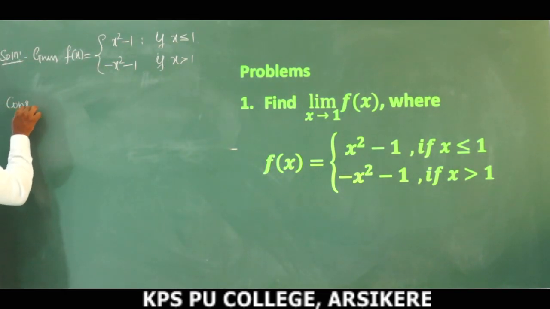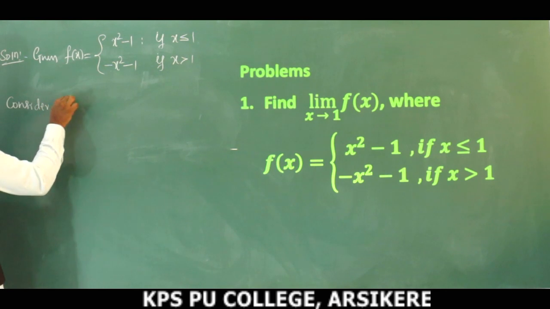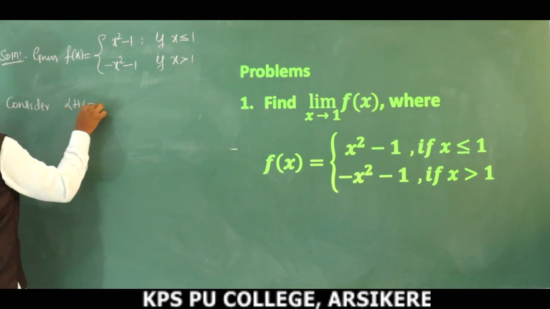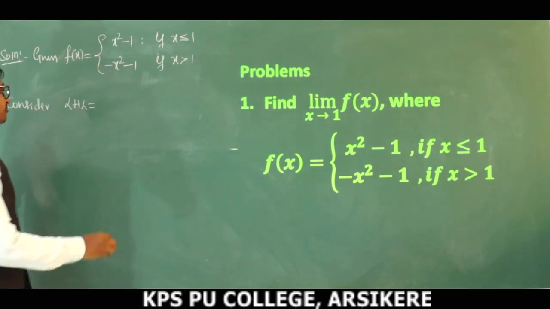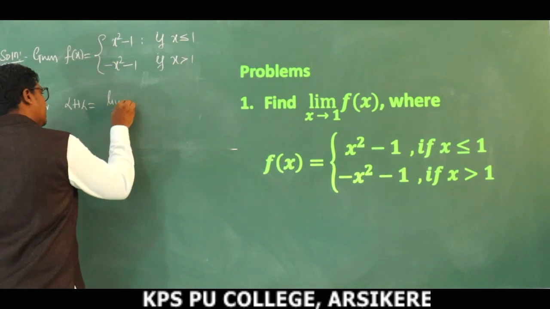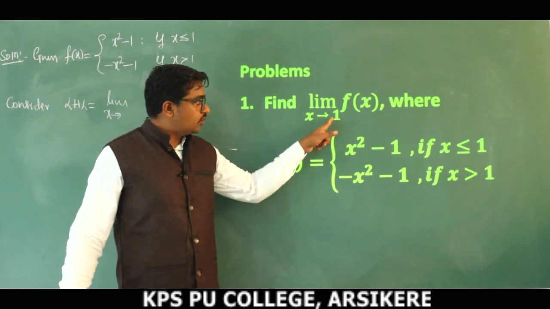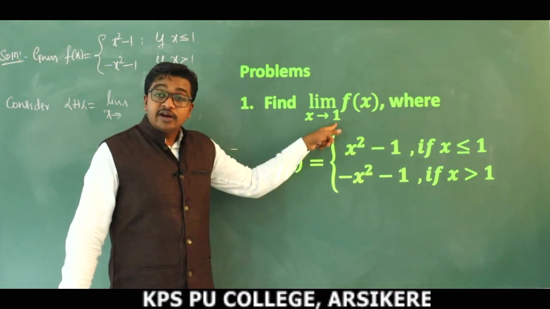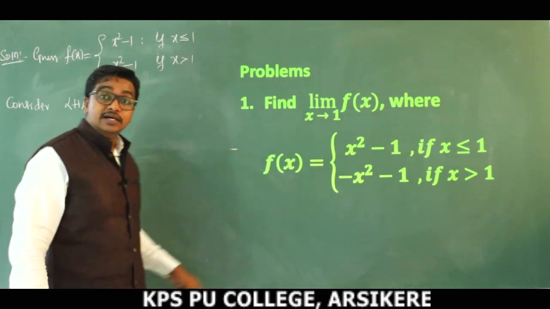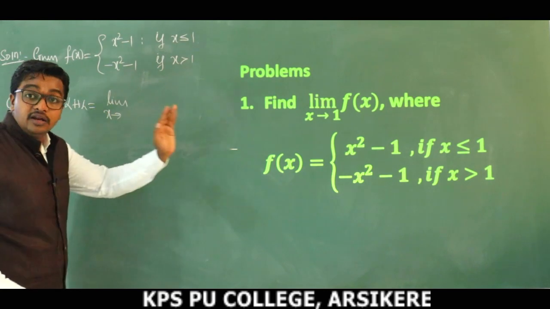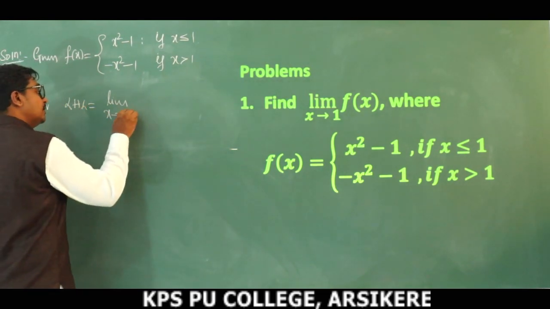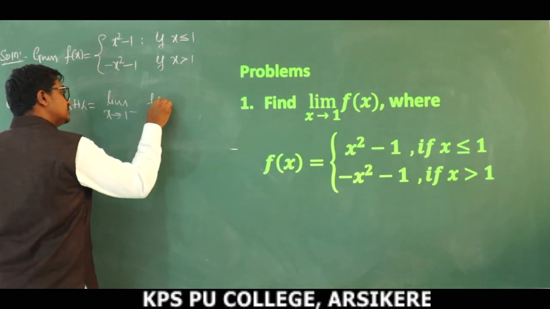Consider LHL, the left hand limit. Left hand limit is equal to the limit as x approaches 1 minus of f of x. We have to find the limit at x equal to 1; for LHL it becomes 1 minus, we are approaching 1 from the left.